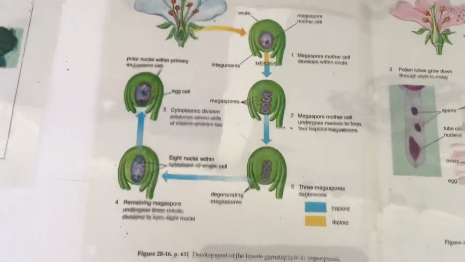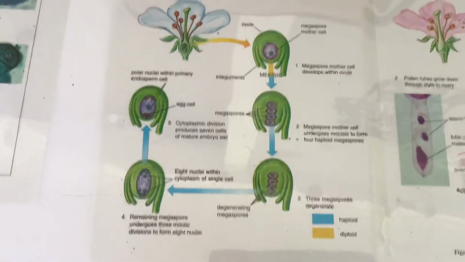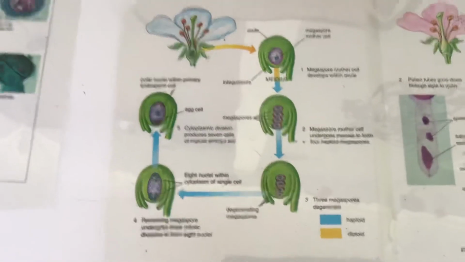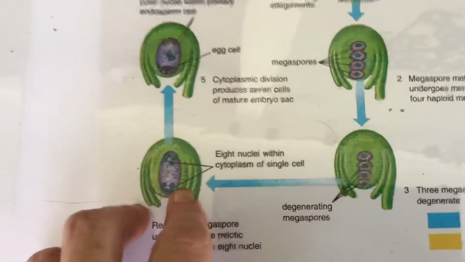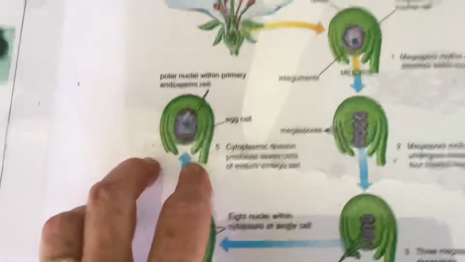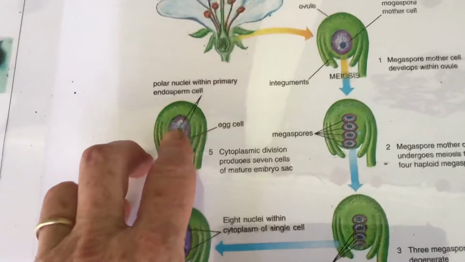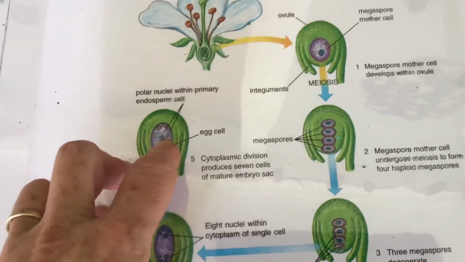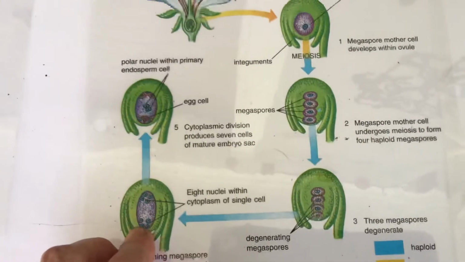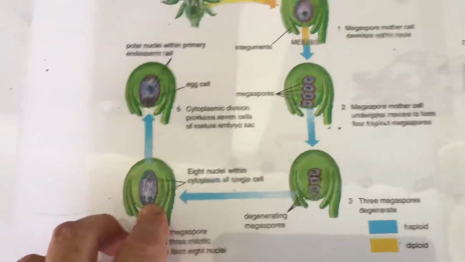So meiosis created the 4, and the mitosis created 2 of each of those, so now I have 8 cells. 3 of those cells migrate to one end, 3 migrate to the other end, and 2 migrate to the middle. These 2 that migrate to the middle are called polar nuclei, okay? And these guys down here are going to be the ones that get fertilized.